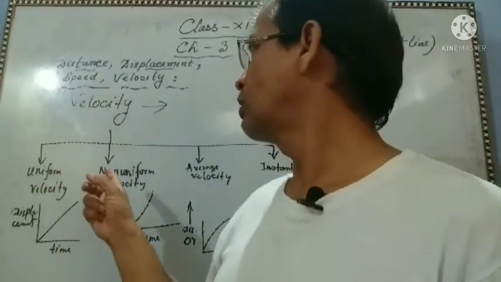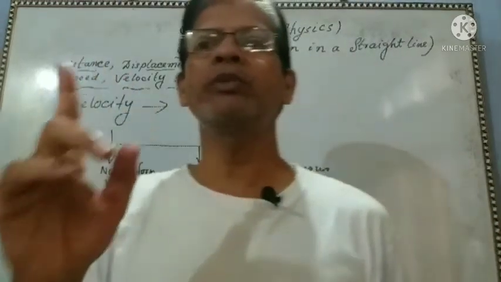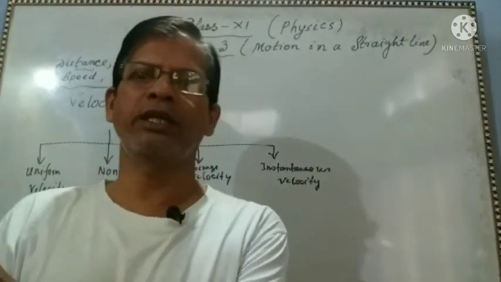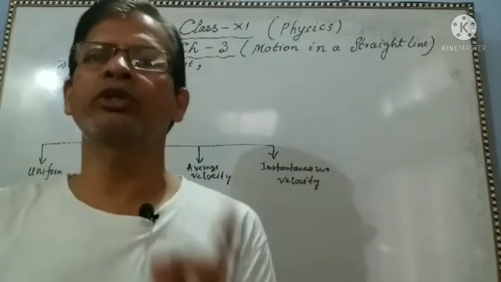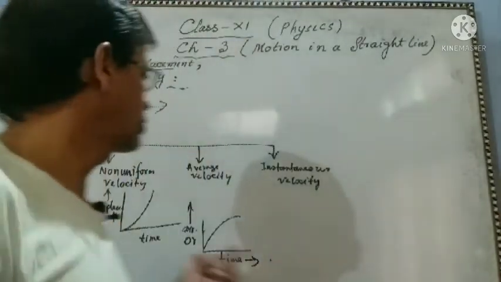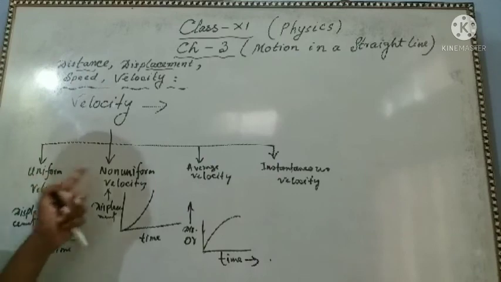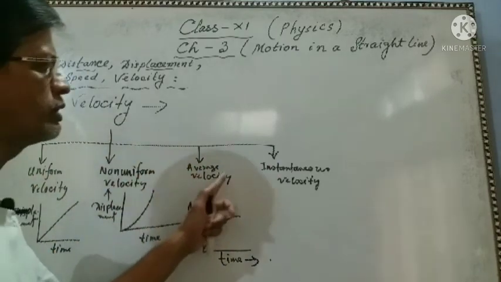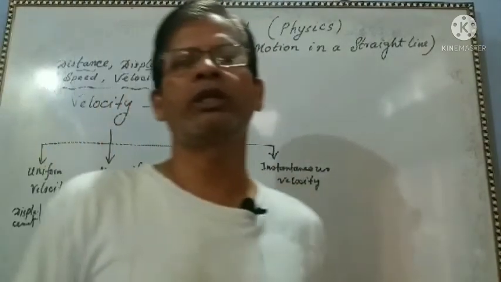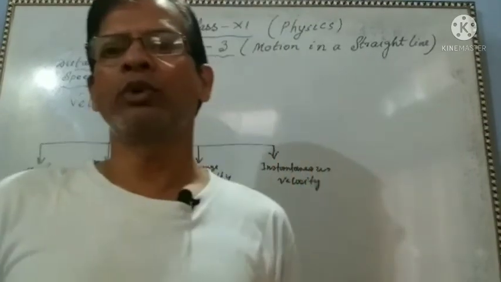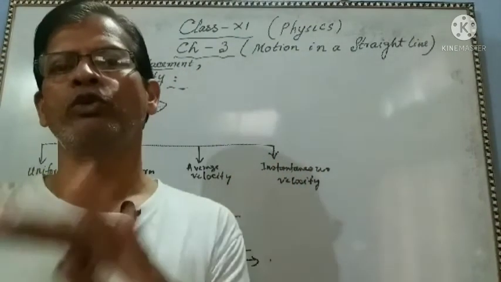Then we have velocity. Velocity means speed plus direction, so it is a vector quantity. We also have uniform velocity, non-uniform velocity, average velocity, instantaneous velocity. And then I told you uniform motion and non-uniform motion.